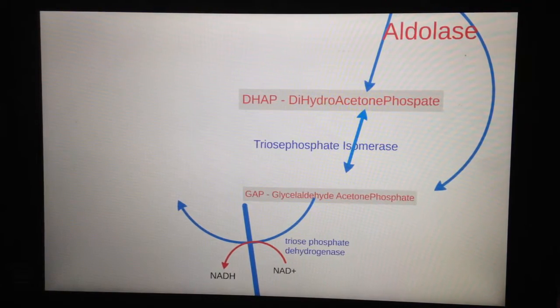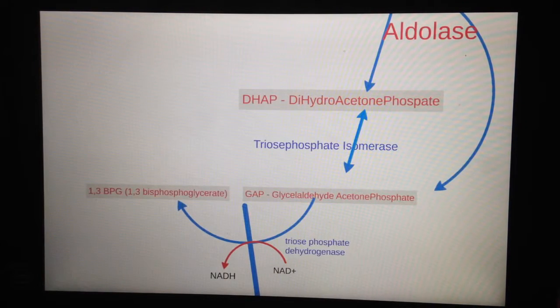So in this step, we enter the payoff phase with GAP, the glyceraldehyde phosphate, turning into 1,3-BPG, 1,3-bisphosphoglycerate, using triose phosphate dehydrogenase. It also spends 1 molecule of NAD plus to make 1 molecule of NADH.